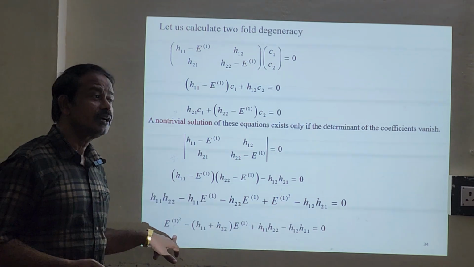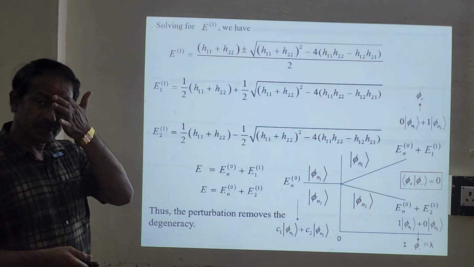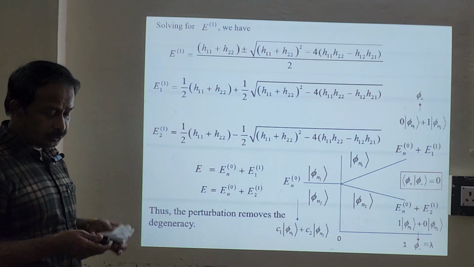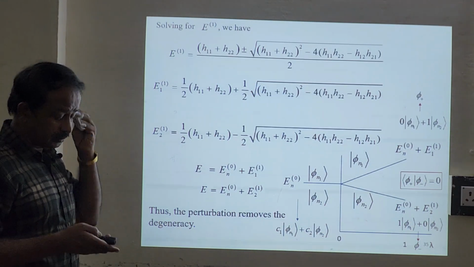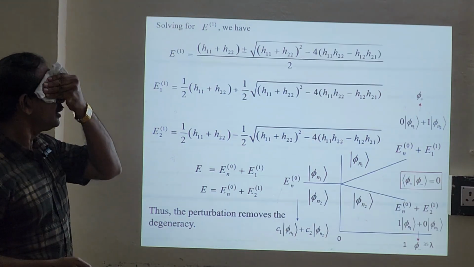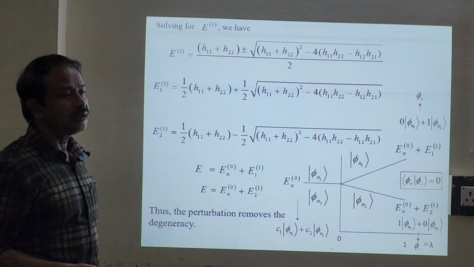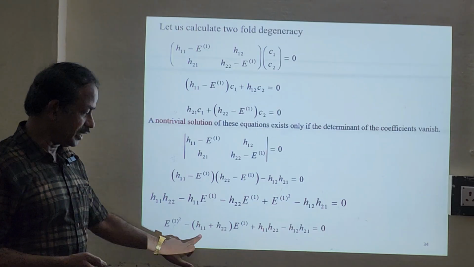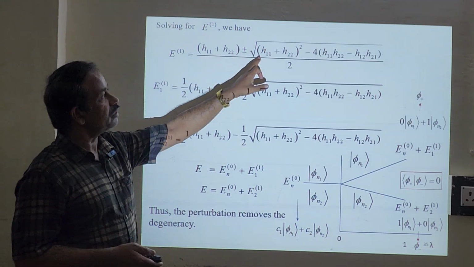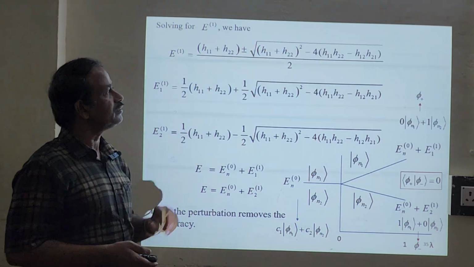We can use minus B plus or minus root of B squared minus 4AC divided by 2A. That formula you can use to get the value for E1. So minus minus plus will be plus. Minus B plus or minus root of B squared minus 4AC by 2A.